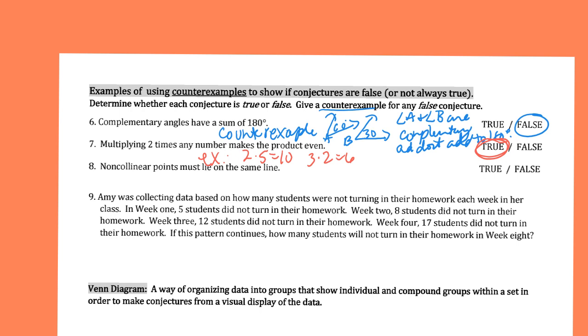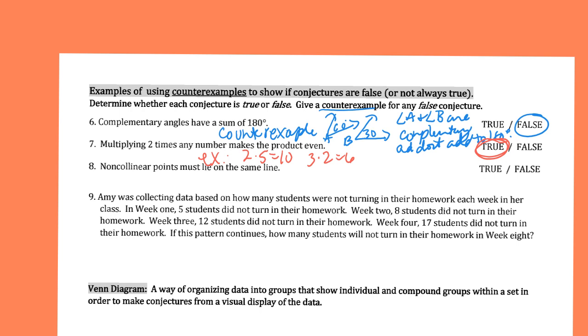And then the last one, non-collinear. Well, on your homework, you're going to have questions where you've got to look back at your notes. There's one about supplementary angles and talking about, do they make a line? Well, go back to your Unit 1 notes and ask, what do we know about supplementary angles? Also about 2 points, do they make a line? So you've got to look at those concepts. So, non-collinear points must lie on the same line. That's not true, is it?